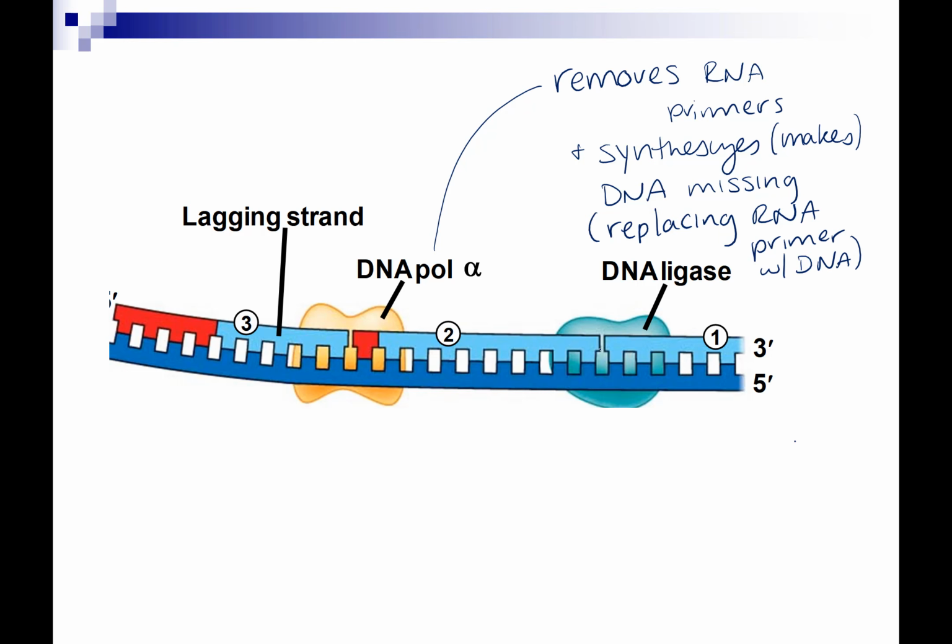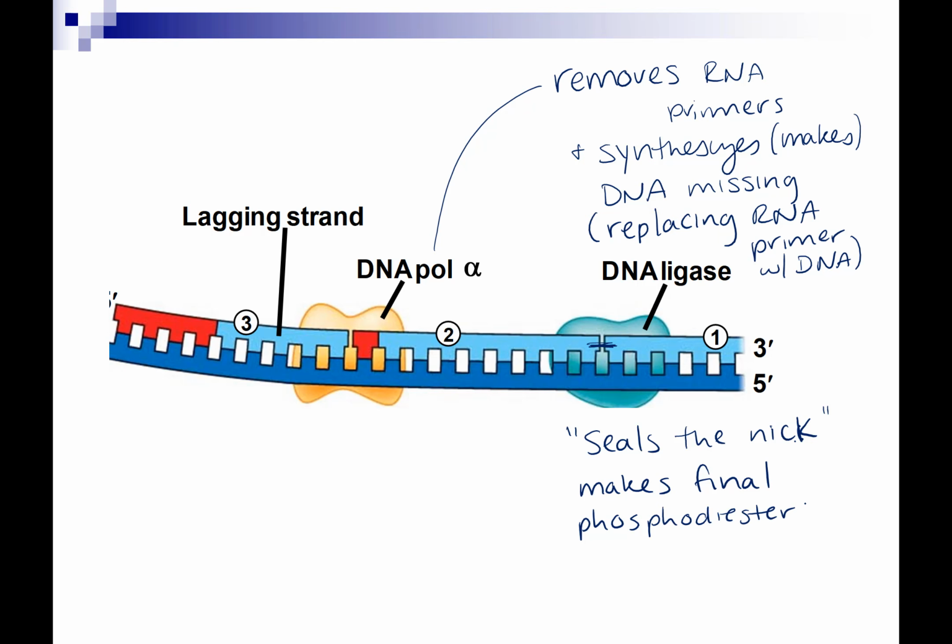But it can't make the final connection. So DNA ligase, we say, seals the nick. Nick is like a cut. So it makes the final phosphodiester bond between two DNA strands.